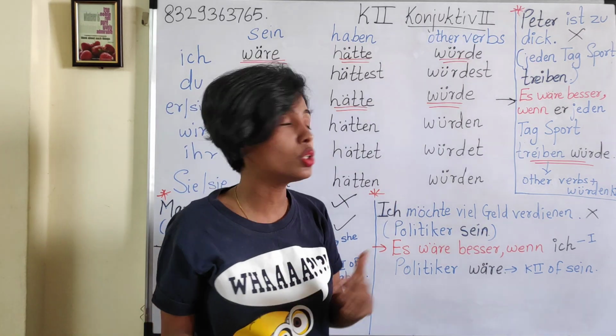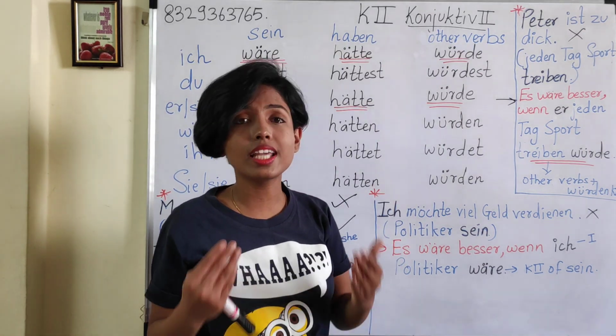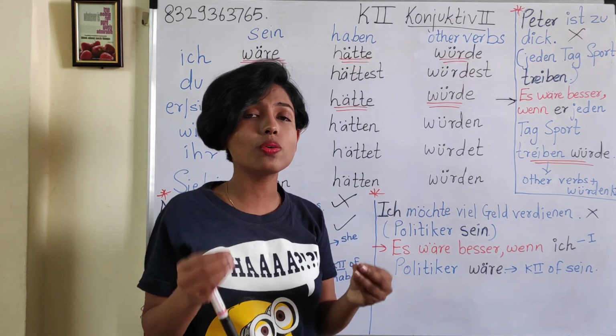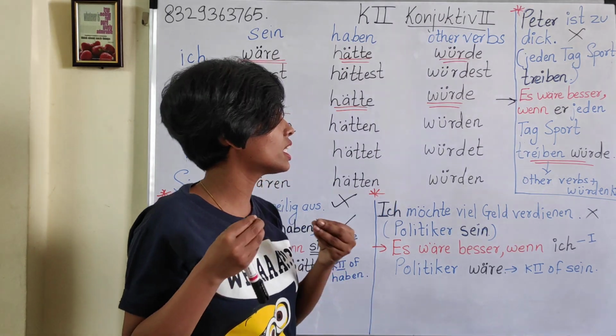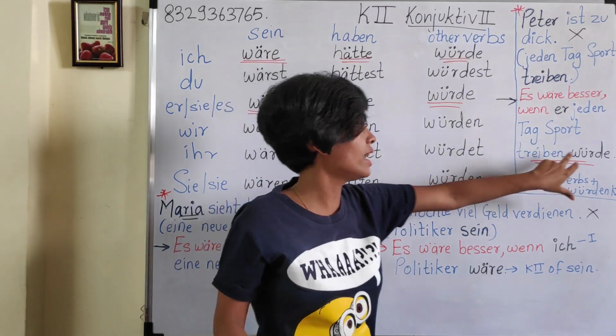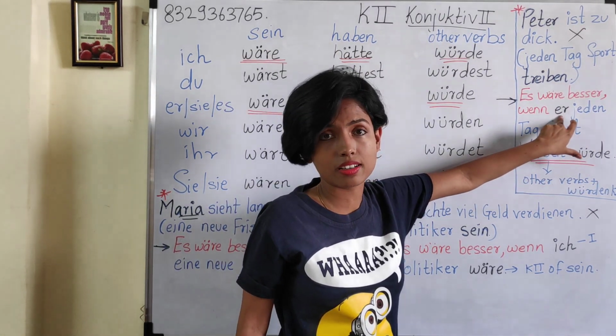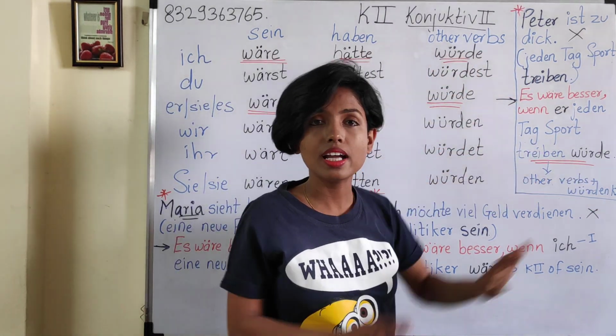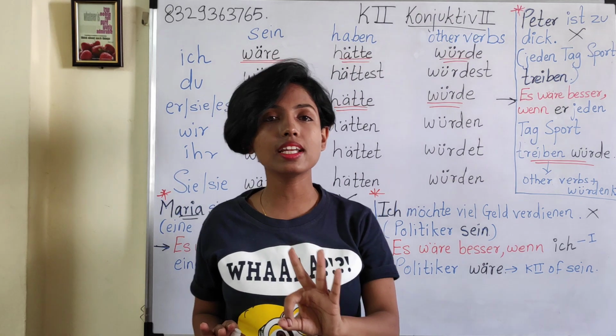So what we will do, we will write the K2 form of würden. Any other verb that comes, you are supposed to write the K2 form of würden. So I'm just writing the K2 according to er. In front of the word er, würde is there. So würde. That's it. These are only 3 types.